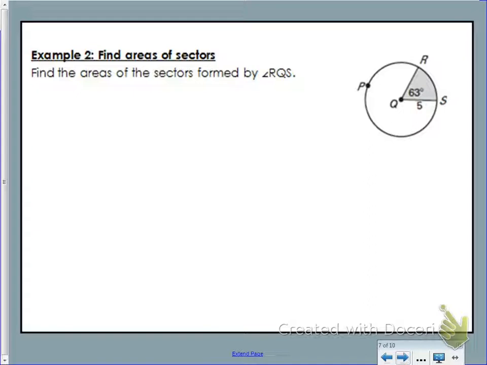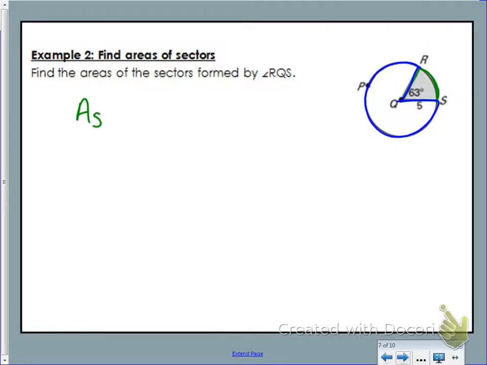So essentially we have this sector, this smaller sector here, which has a 63 degree central angle. And then we also have the larger sector, which is made up of this major arc. So our job is to find both areas. So I'm going to start with the area of the small.